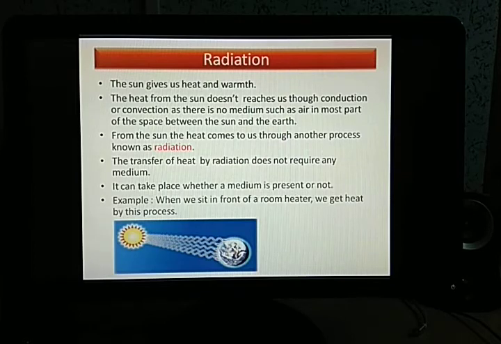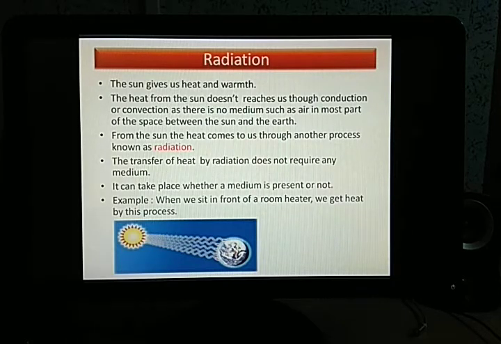Say for example, we are sitting in a room and there is a room heater. We know a room heater is not the burning of wood. It is an electric room heater which we use nowadays. There is just a filament which lights up and then it emits heat, and we feel hot in that room.